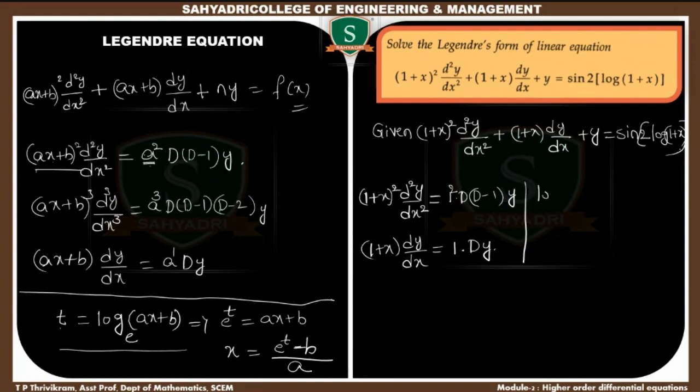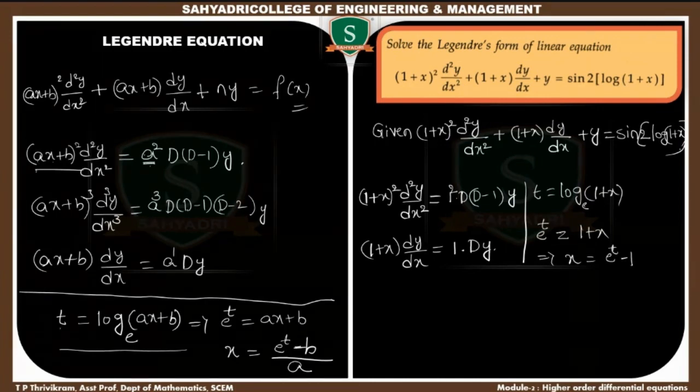Similarly, we will take t is equal to log x, sorry, log of the linear function. What is the linear function here? 1 plus x. Okay. So how to find the x value: write it in algebraic form. That means e power t is equal to 1 plus x, which implies x equal to e power t minus 1.